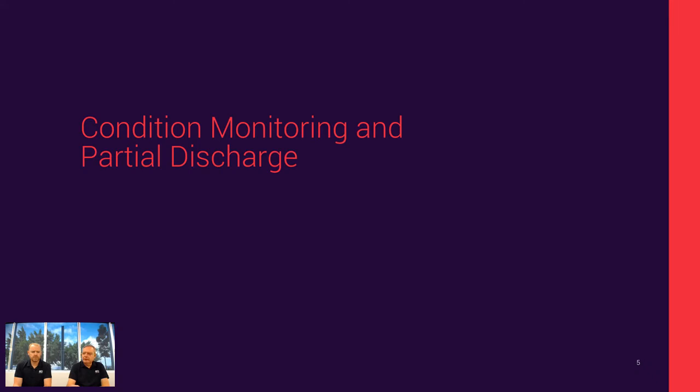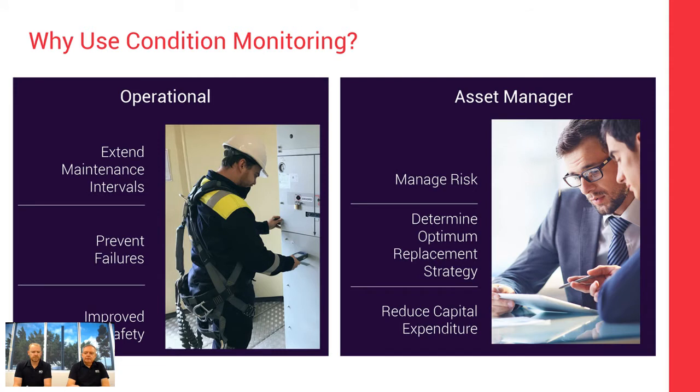So let's start with condition monitoring and partial discharge. So the reasons for it, we're coming at it really from two different aspects. So people who are going into the substations, obviously one of the big things that we want is to have confidence in the safety and the continuing safety and reliability of the assets that we're working on and around.